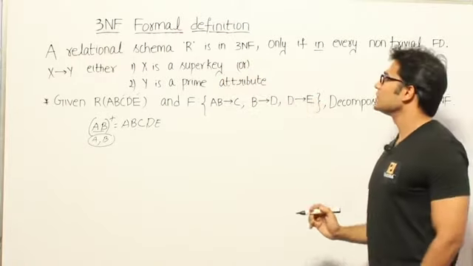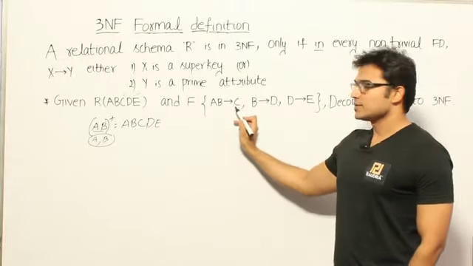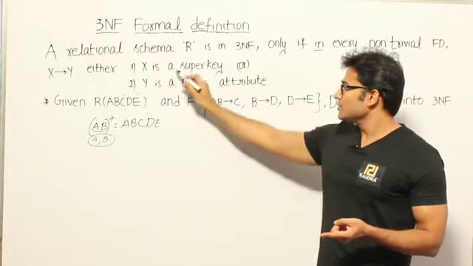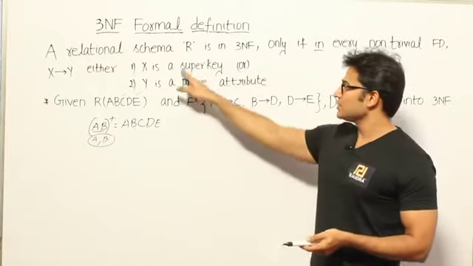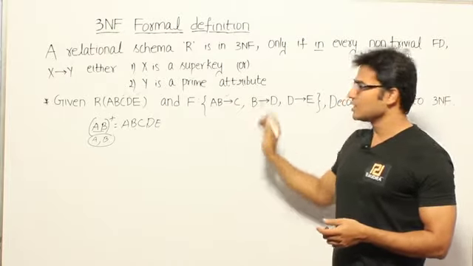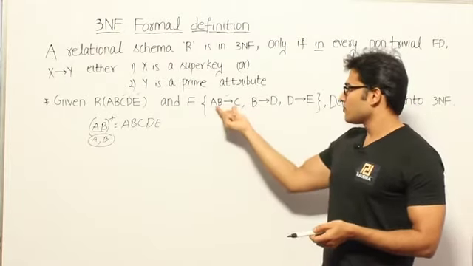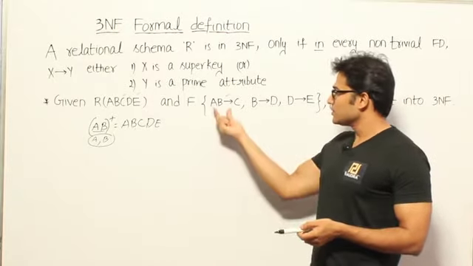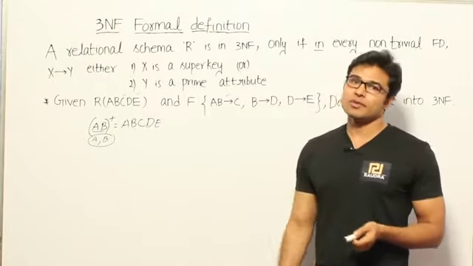Okay, now let's see the first one. AB determines C. So what is the left side? AB, and AB is a super key. Yes, so it is meeting the first condition, which means according to this functional dependency it is not failing this table to pass the 3NF test. Therefore this functional dependency is not a problem at all.